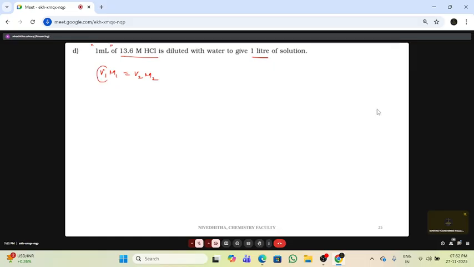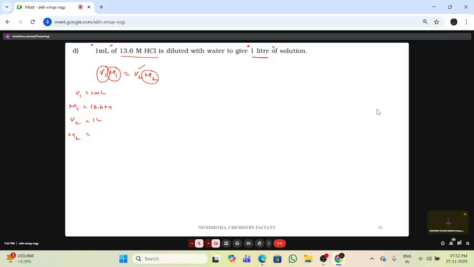V1 is the volume of the stock solution, M1 is its concentration, V2 is the volume of the resultant solution, and M2 is its concentration. So here V1 is 1 ml, M1 is 13.6 molarity, the volume of the resultant solution is 1 liter, and M2 is to be calculated.